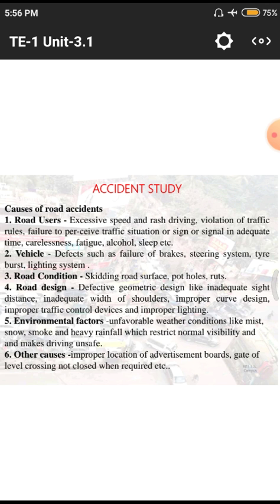In the case of vehicles, they have a capacity of moving at hundreds of kilometers per hour, up to 150, so there may be a flow of a huge amount of velocity. Those velocities also lead to severe damage. If there is an increase in speed, automatically there is an increase in the damage also.